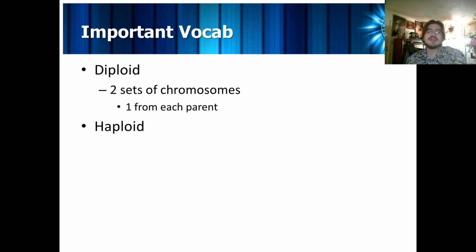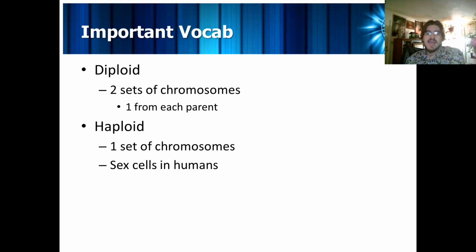And we can contrast that with haploid, where we have a single set of chromosomes. So they are not pairs. Haploid cells are only ever seen in humans and in other animals in the sex cells. So a sperm or an egg is haploid.